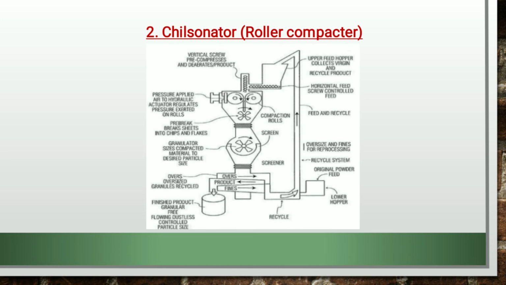pressure rollers. Densified material from the roller compactor is then reduced to uniform granule size by means of milling. The basic advantage of this instrument is that it is capable of handling a large amount of material in a short period of time.